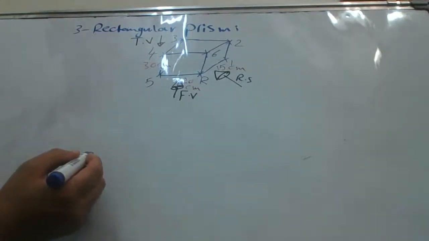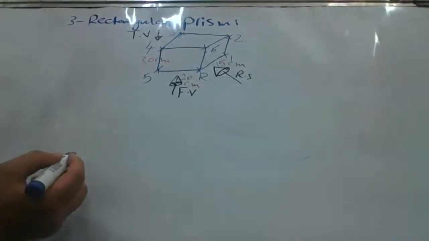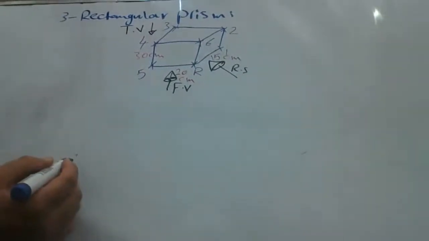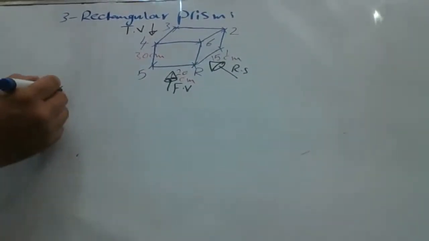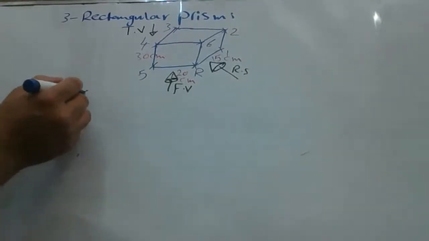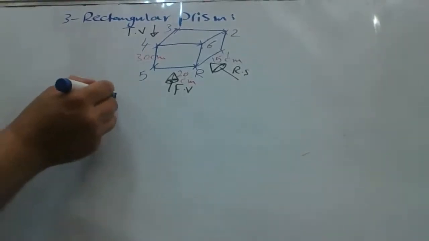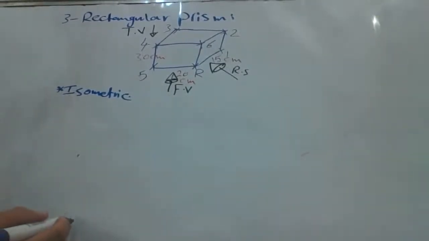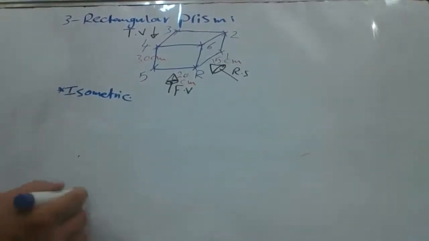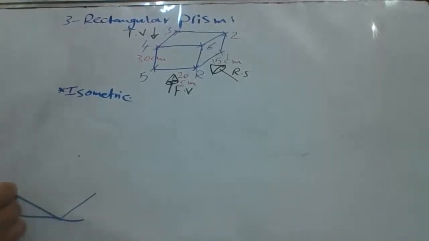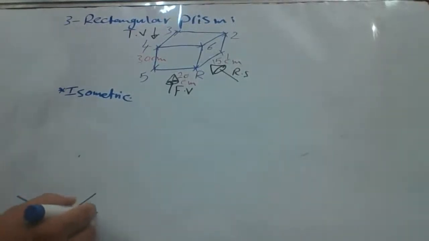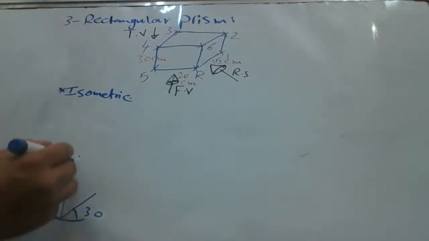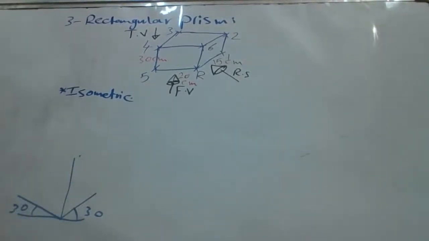Let us start with the first method to draw the pictorials. The first method is using what we called before isometric, using 30 degrees and 30 degrees and the height.